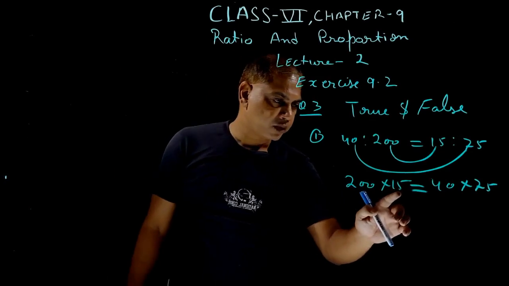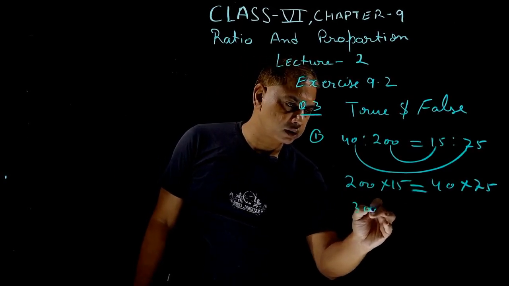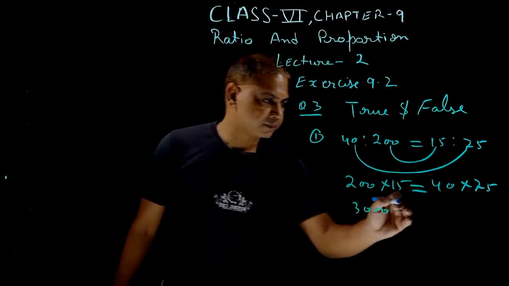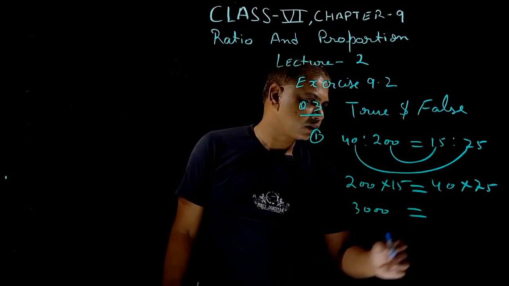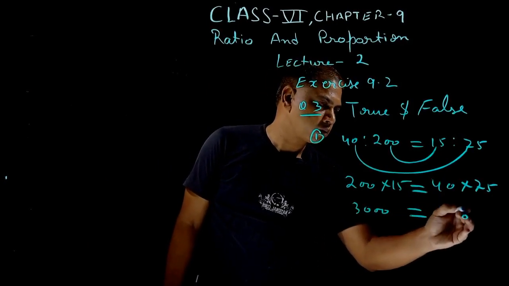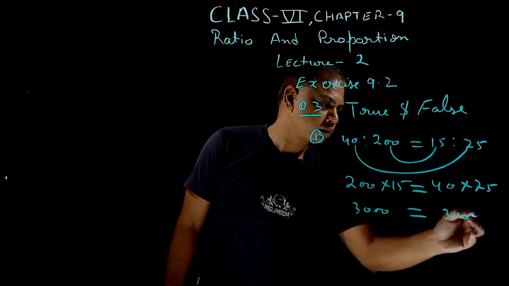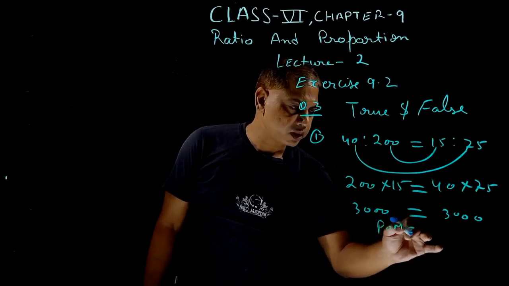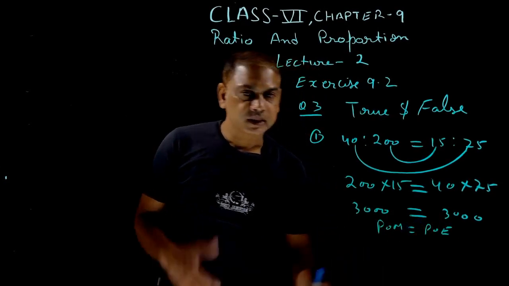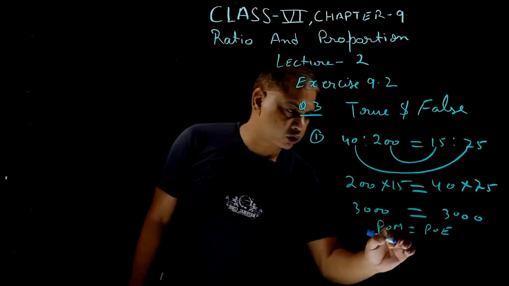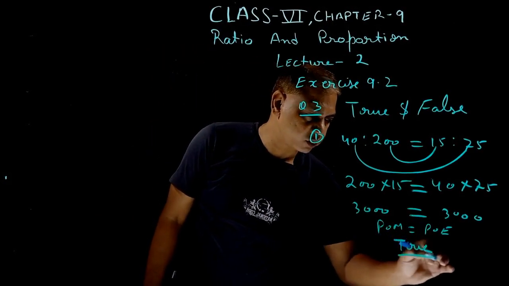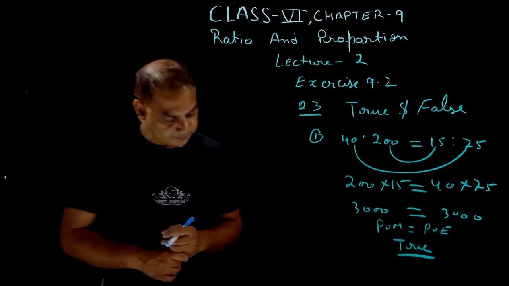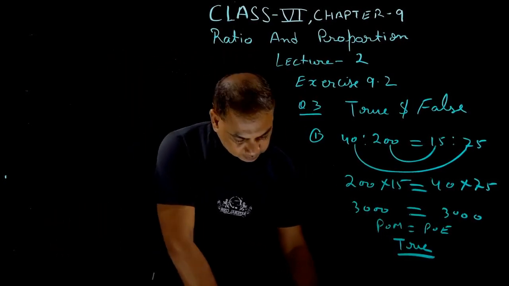We will check. 15 threes are 3000 on this side. Yes, left hand side is POM is equal to POE, therefore the given statement is true, right? Your answer is true. Okay, now come to second part, B part.